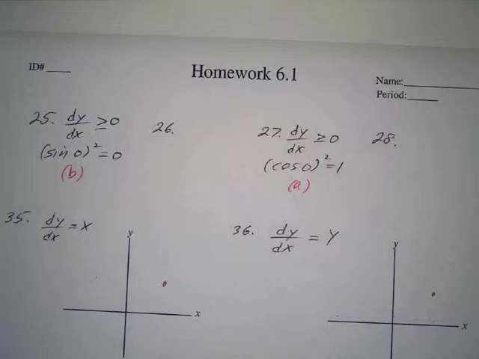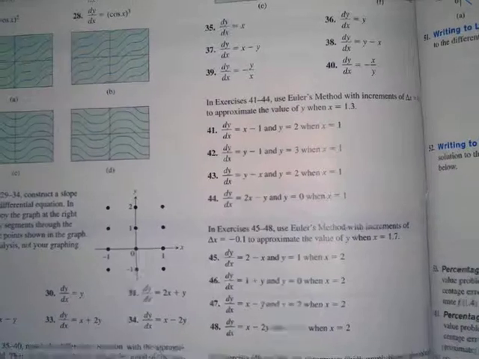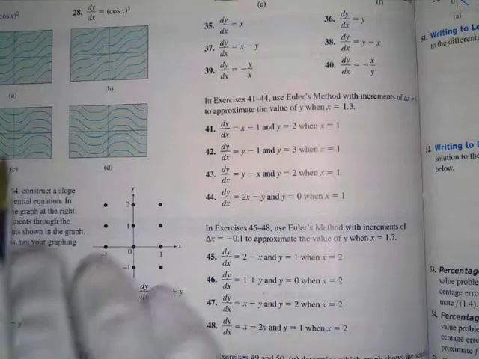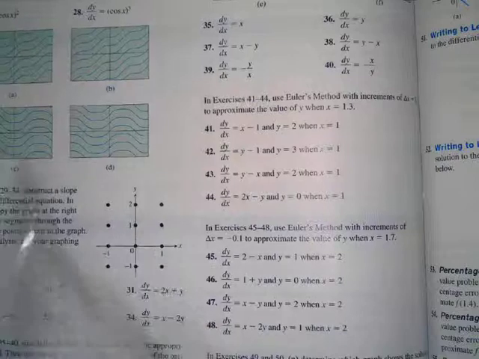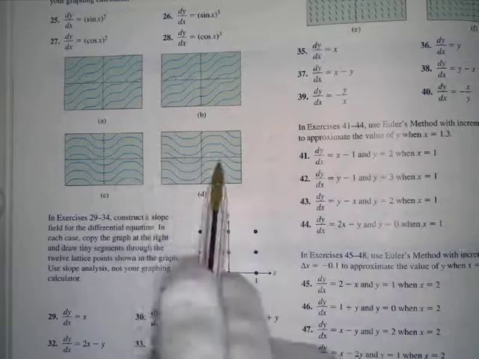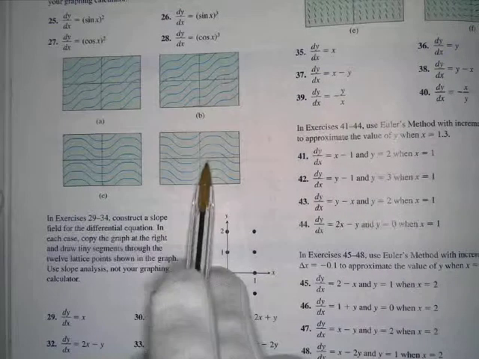And then we've got 26 and 28. Let's take a look at those. We don't have any stipulations on this, so we just have to determine which ones of these will be sine and cosine.